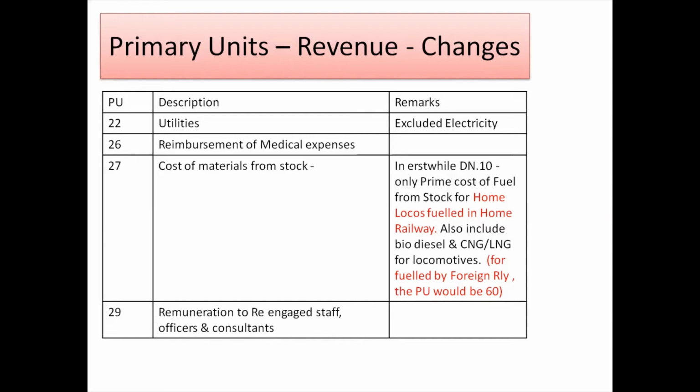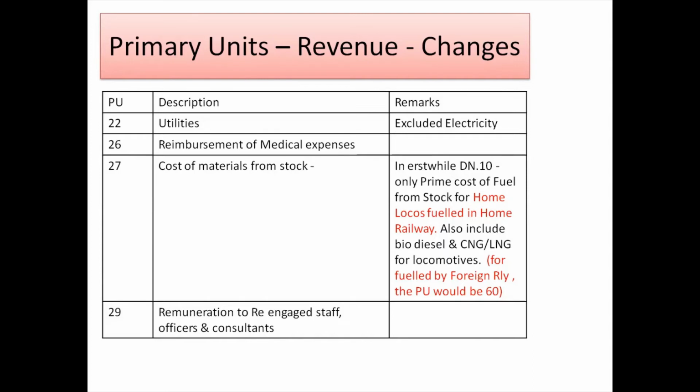Primary unit 22 is for water bills and all utilities provided by the local administration. Previously electricity bills were also in 22, now electricity bills are excluded. Primary unit 26 is allotted for reimbursement of medical expenses.